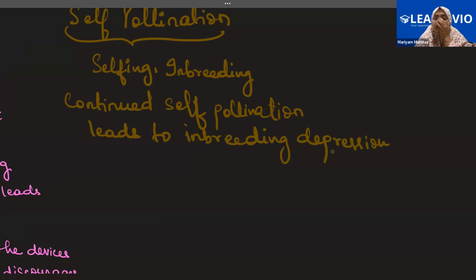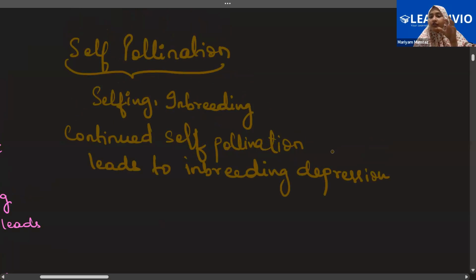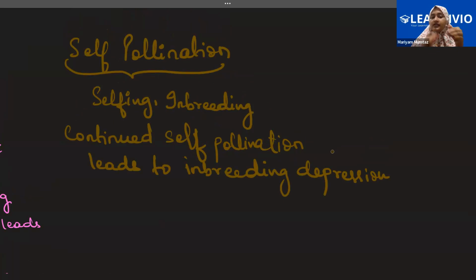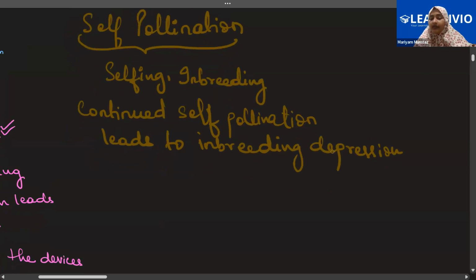It doesn't mean that the plant did the self-pollination once and it will undergo inbreeding depression. No, when continued self-pollination is done for several generations, then that will be leading to inbreeding depression.